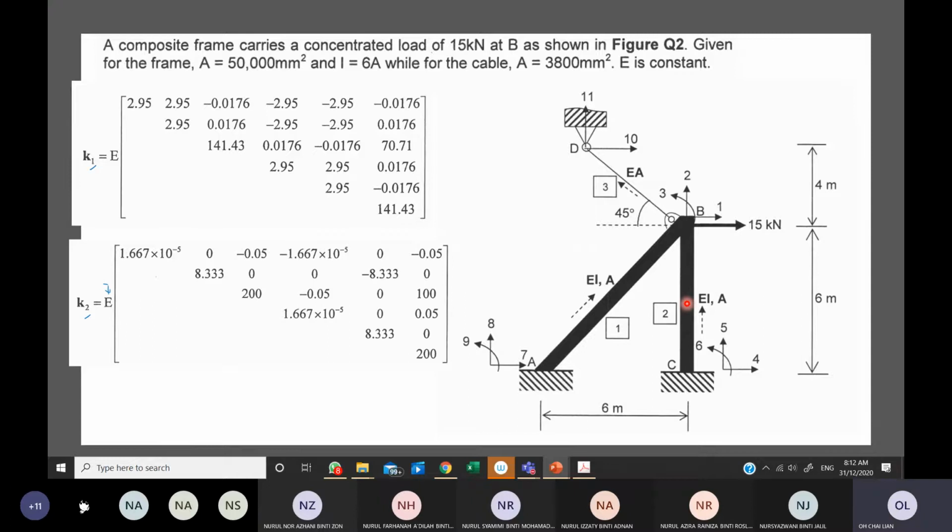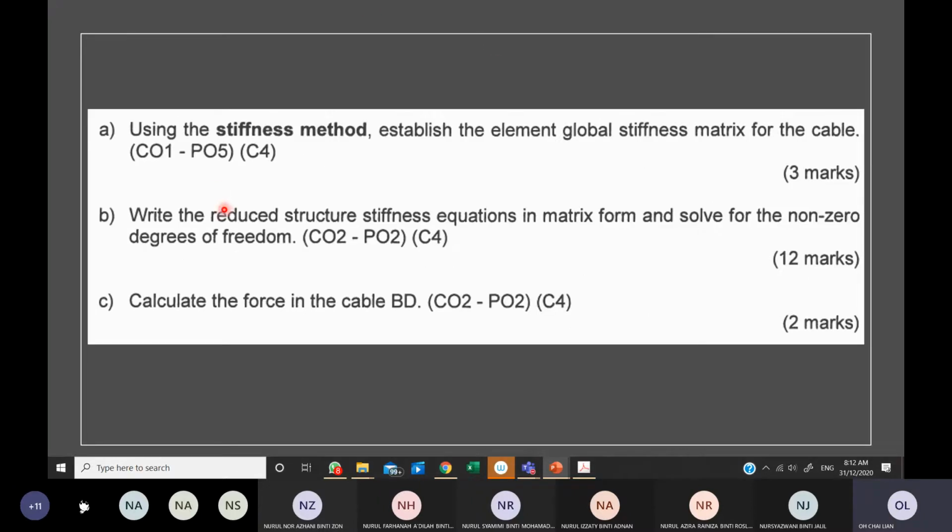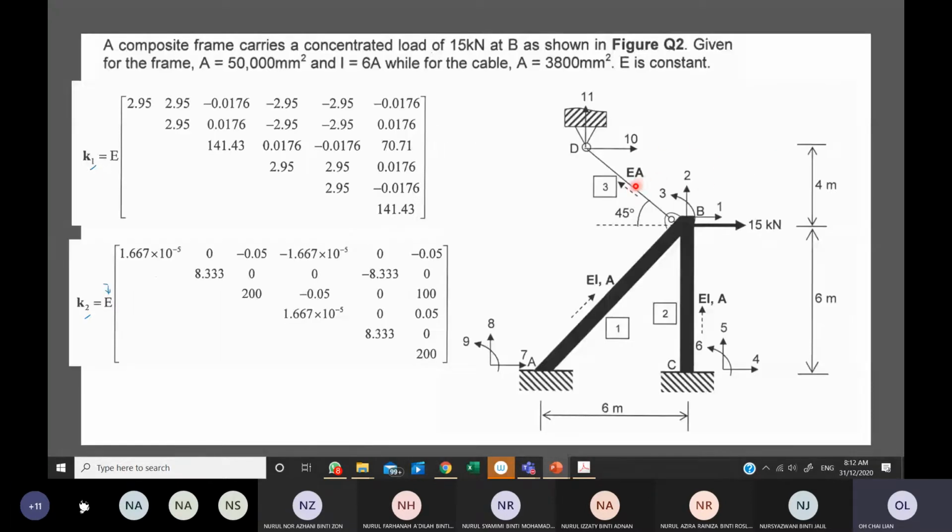Let us read what is the question. We are going to solve 3 questions here. Using the stiffness method, establish the element global stiffness matrix for the cable. If you can see, this BD is the cable, and AB, BC are frame elements.